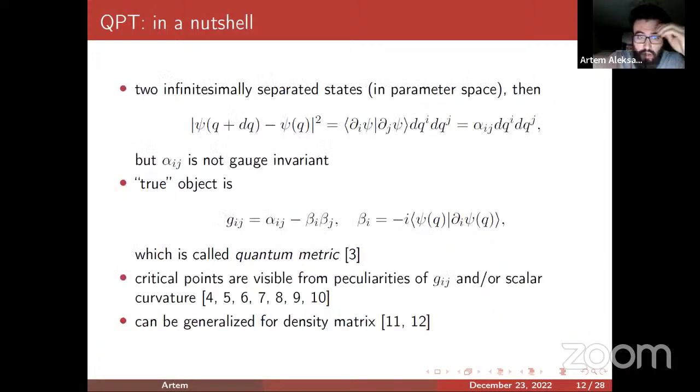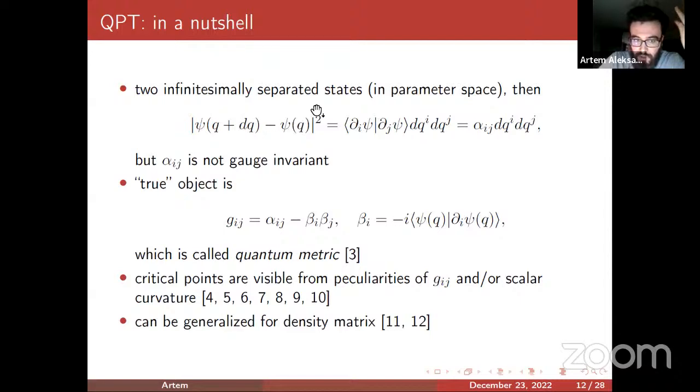And the second story is about quantum phase transitions. In quantum phase transitions, the situation is slightly different because we deal with a wave function instead of a probability measure, which corresponds to the wave function squared.